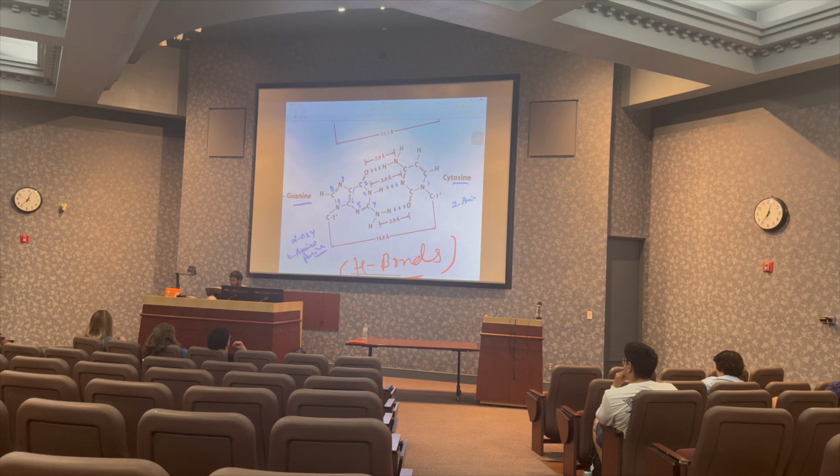NCN. Let's start with NCN, maybe 1, 2, 3, 5, 6. Yeah, because it's the opposite direction, right? So 2 amino 6 oxy pyrimidine, right?